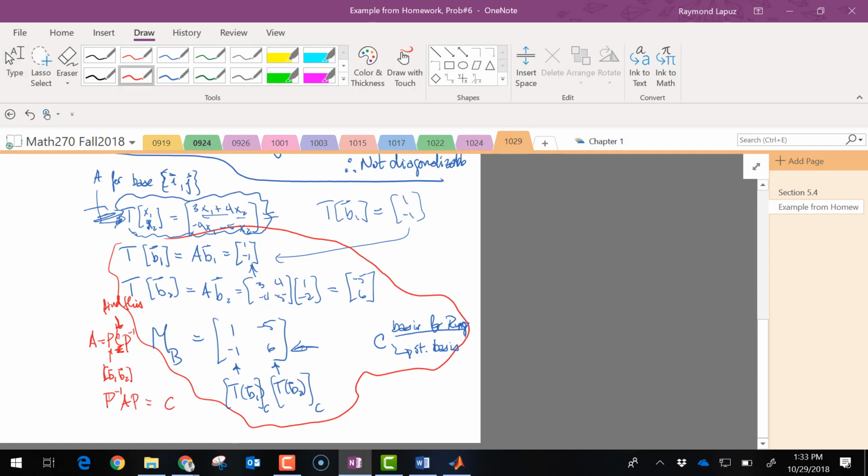The P inverse would cancel, and then there's a P inverse P that would cancel also. That would just leave us with C. So this is the multiplication that we want to get C.